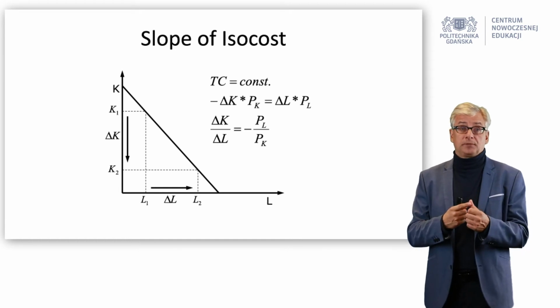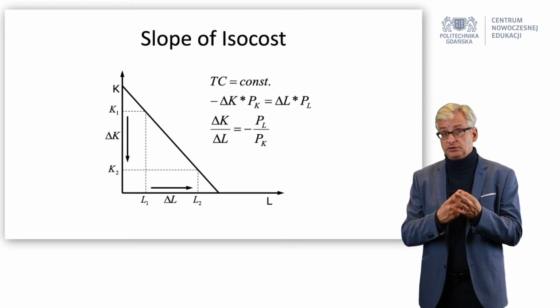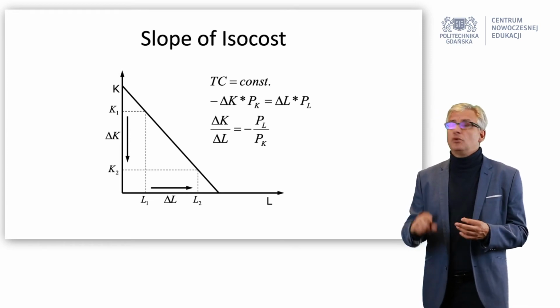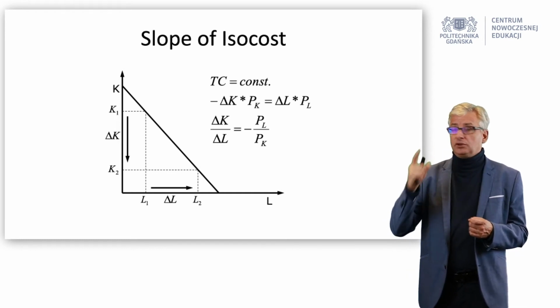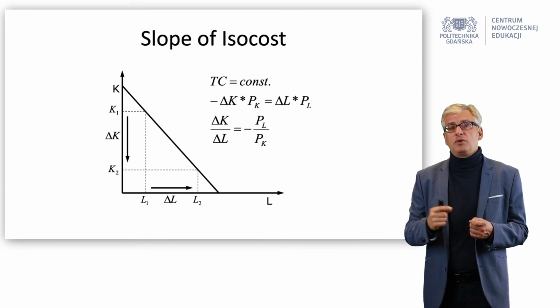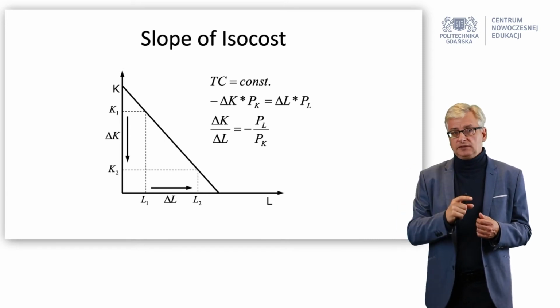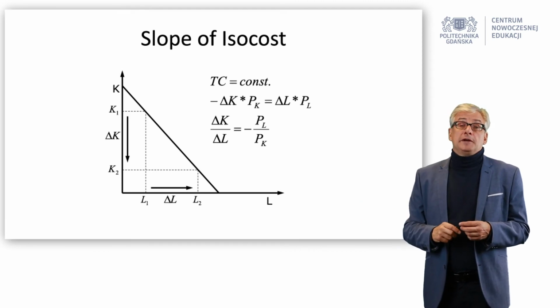This is the situation where we buy quite a lot of capital and a little bit of labor. And we move to another point. With the same money, because total cost is constant, right? With the same money, now we want to get less capital, but of course more labor, right?